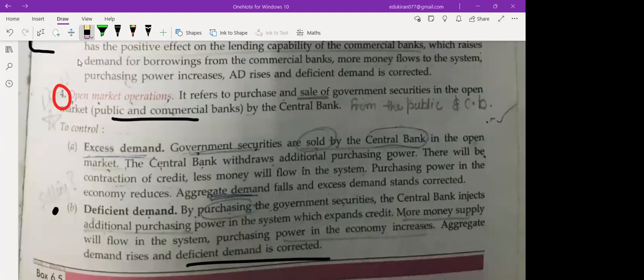They are purchasing and selling government securities in the open market, like the stock market.